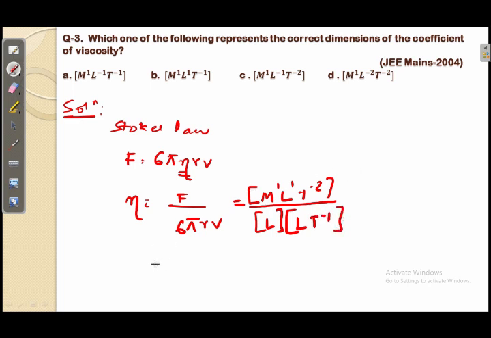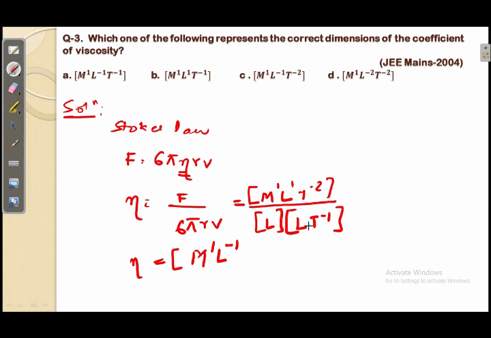Next is simplification. So here L and L is there, so that becomes L square. If it goes to the numerator, that becomes L raised to minus 2. L raised to 1 and L raised to minus 2, that is 1 minus 2, minus 1. So M is the same, that is M raised to 1, L raised to minus 1, and T raised to minus 2 is there.